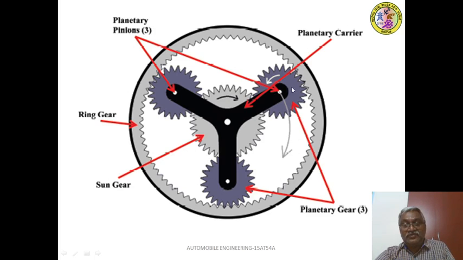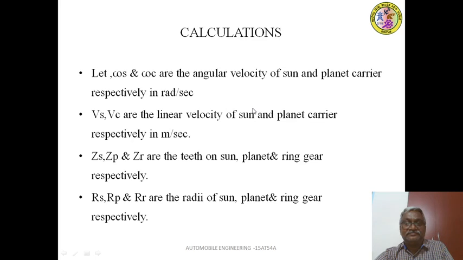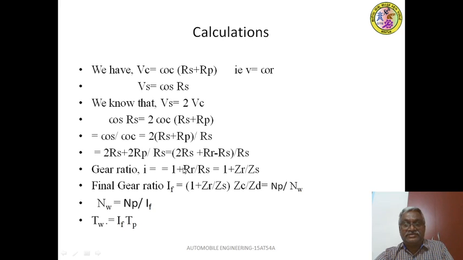Instead of writing 2Rp, we can write Rr minus Rs. Yes, it is 2Rp. So twice the radius of planetary pinion can be written as radius of ring gear minus radius of sun gear, divided by Rs.